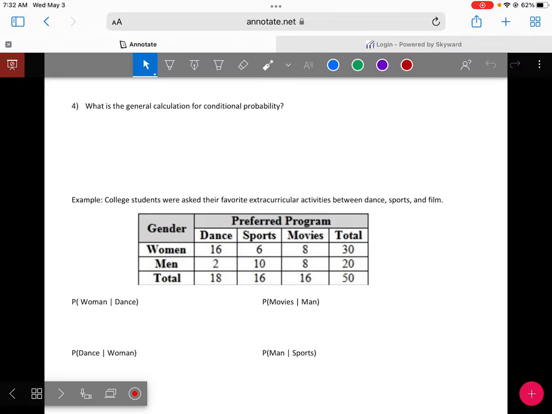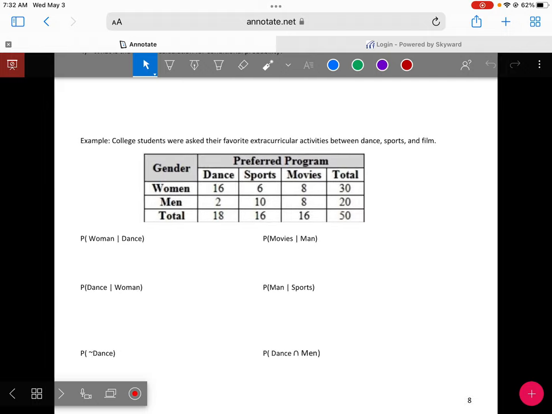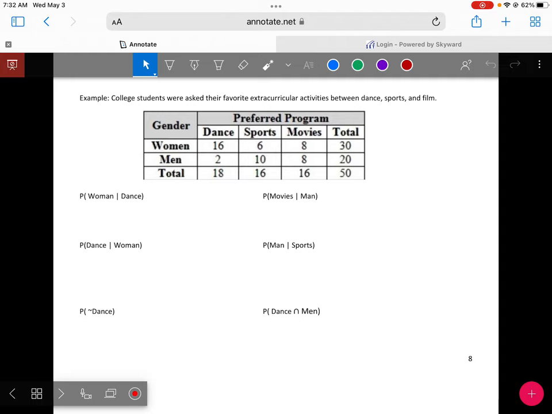Talked about how you might ask your parents, given that? Yes, given that. Those are conditional statements. Conditional probability. Okay.